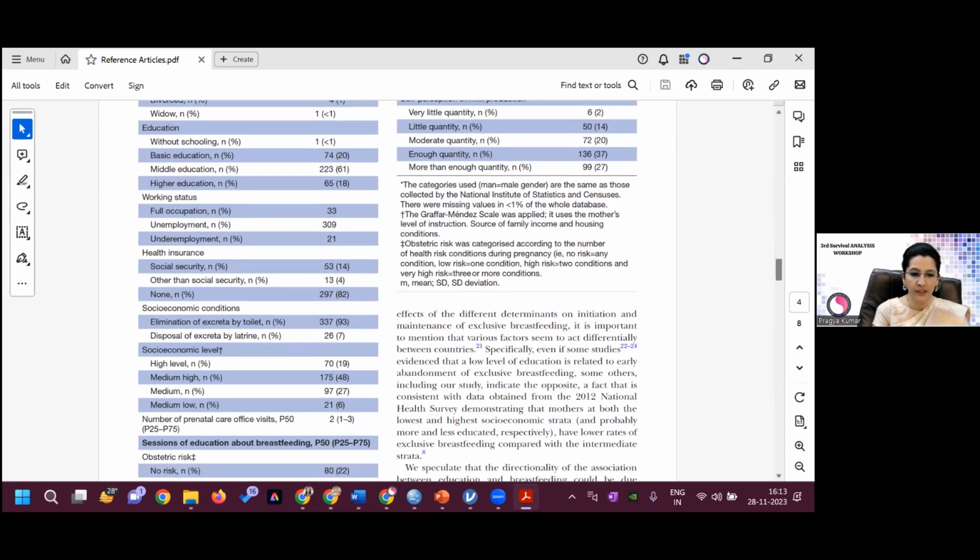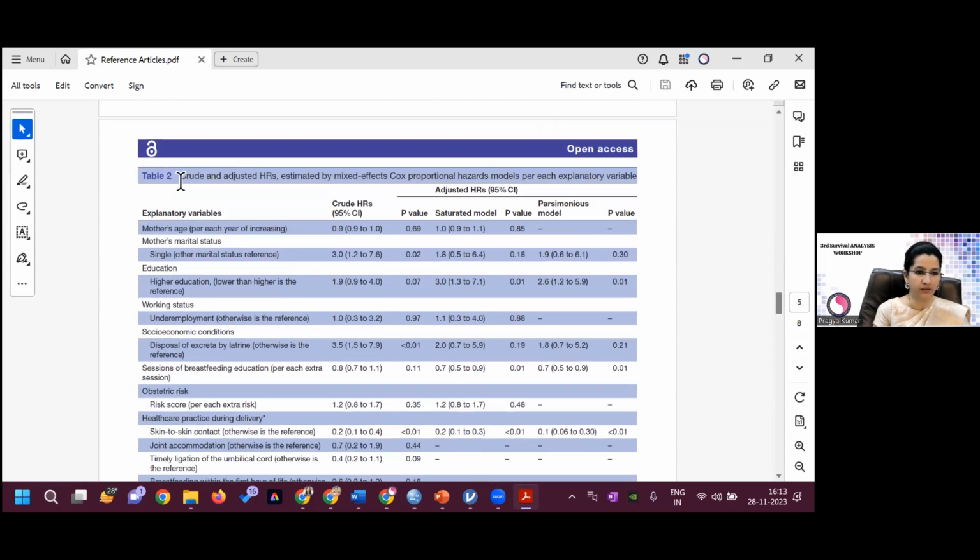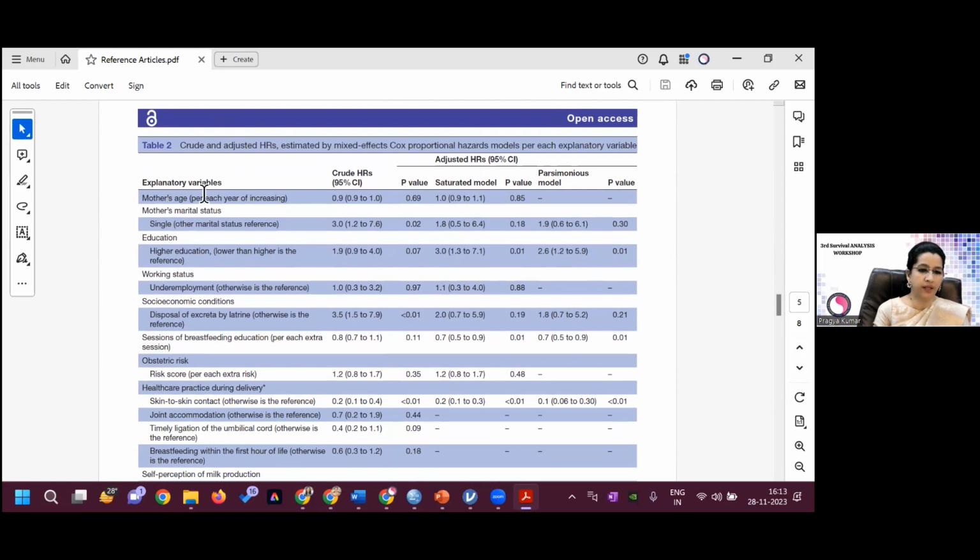Now coming to this table, these are the explanatory variables. Initially you consider this adjusted HR they have written, but these two p-values are together, this crude and this one. So this was the unadjusted, right?